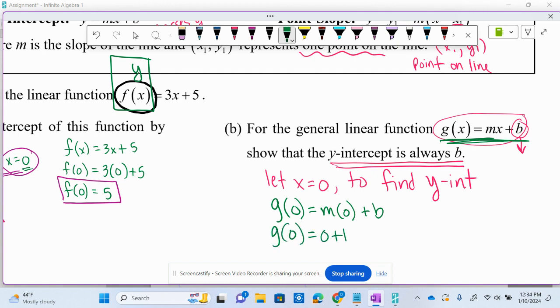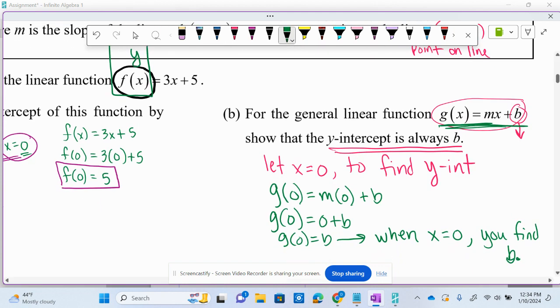And what is 0 plus b? B. So g of 0 equals b. Meaning when x equals 0, you find b. And that's our y-intercept. So when x equals 0, you find the b, the y-intercept.